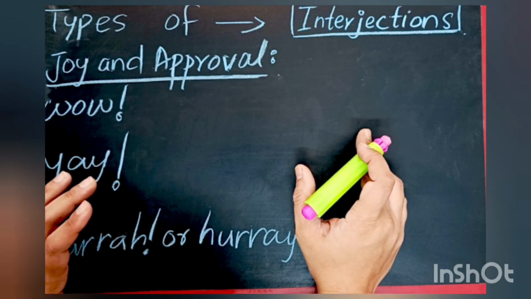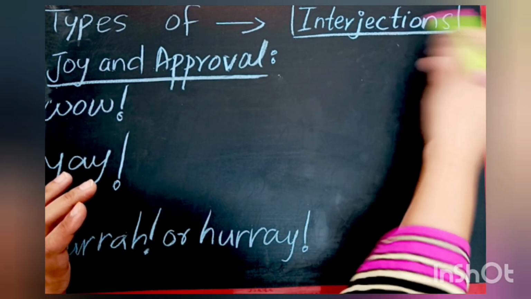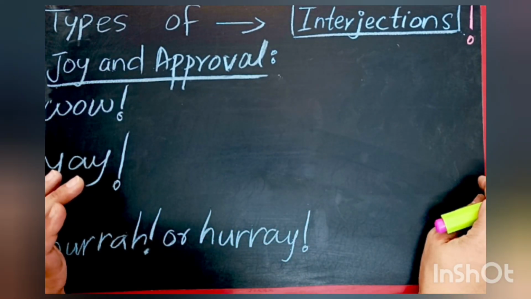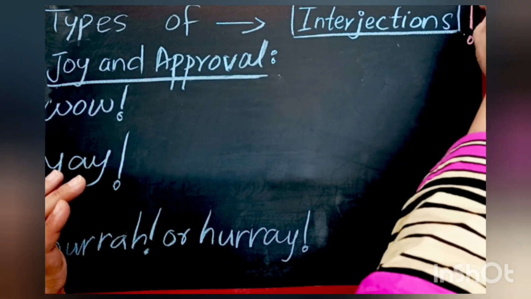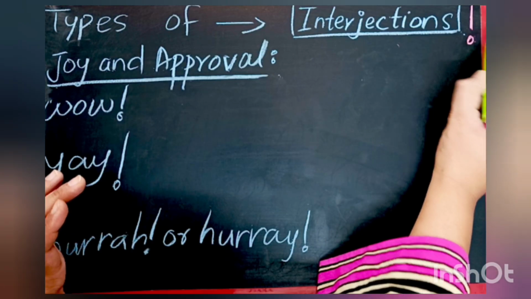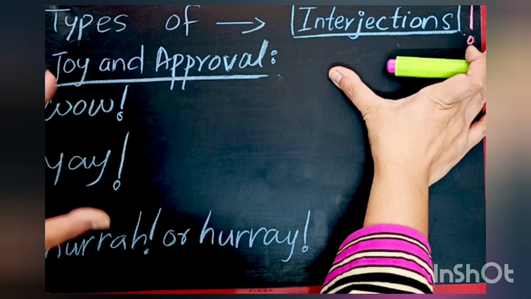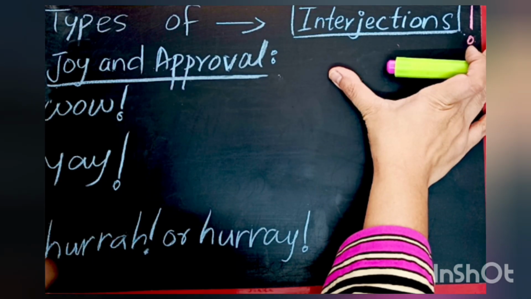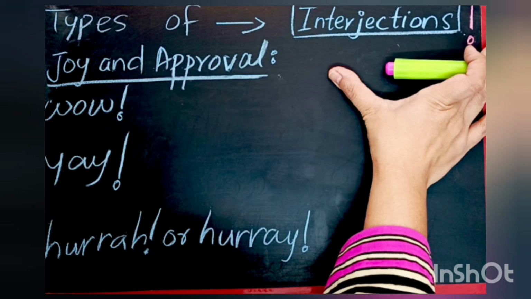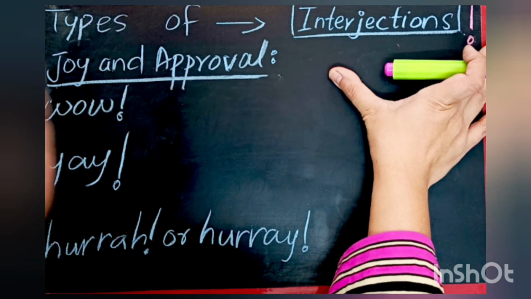When we write these emotions, we use exclamation marks, written like this: a short straight line and a dot under it. We use the exclamation mark to show that the emotion or reaction is very sudden and has a pause.